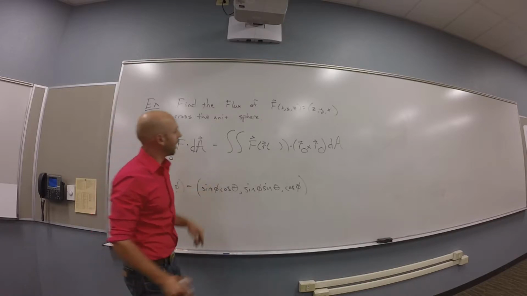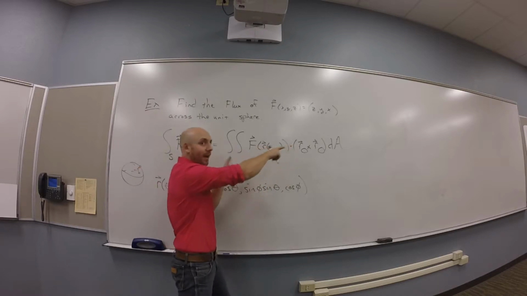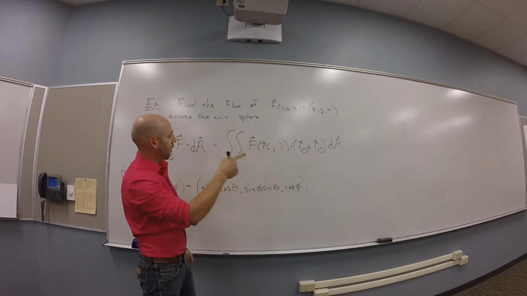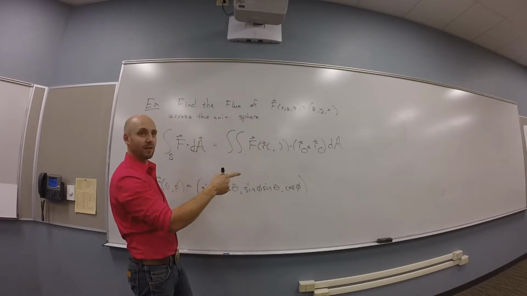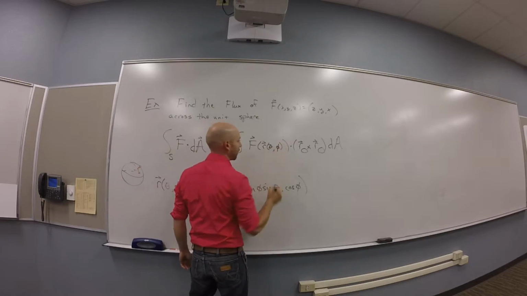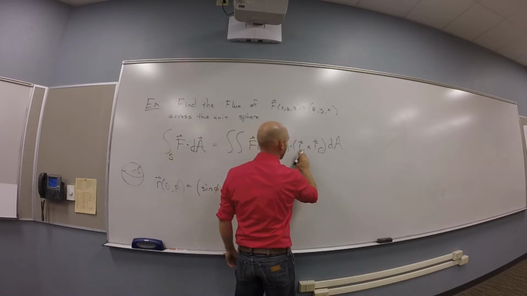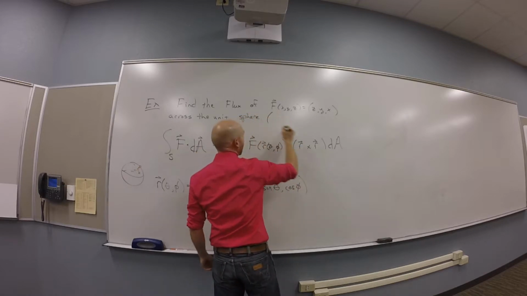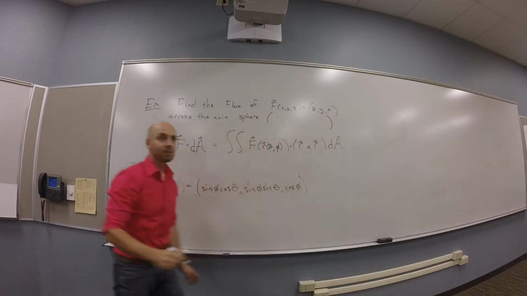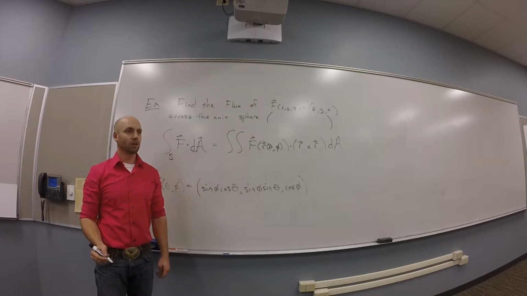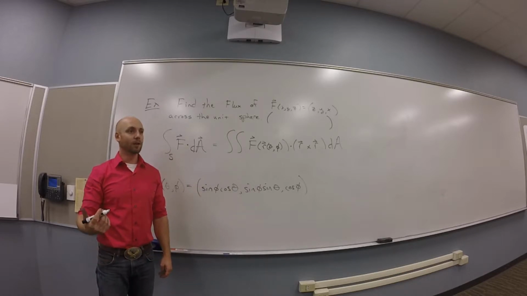Okay, thinking back up here, I'm thinking, okay, F of r, what does r depend on? Theta and phi, right? Do you guys see that I missed something here? What did I miss for this flux integral? Orientation. Yeah, I missed an orientation.